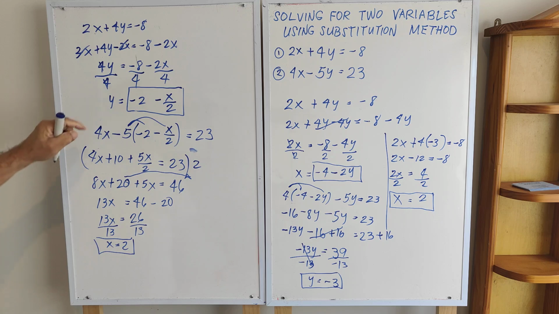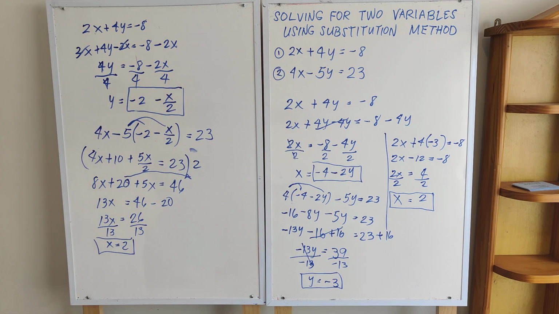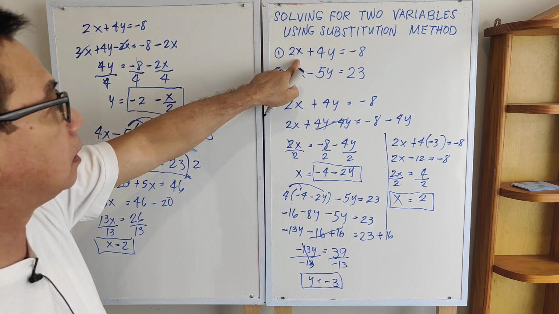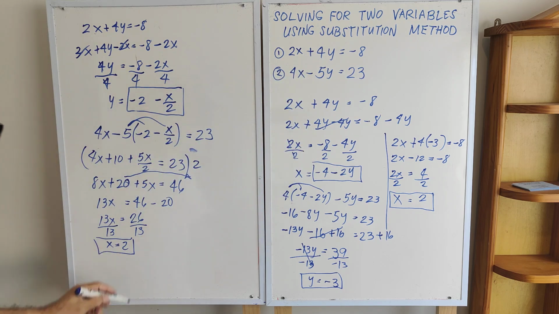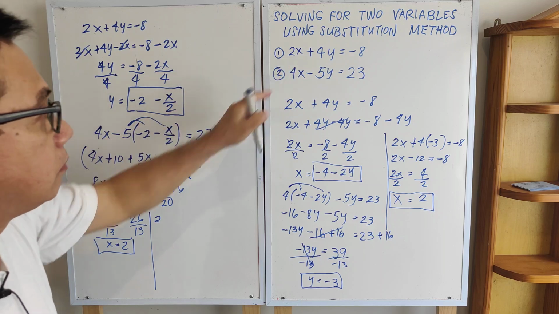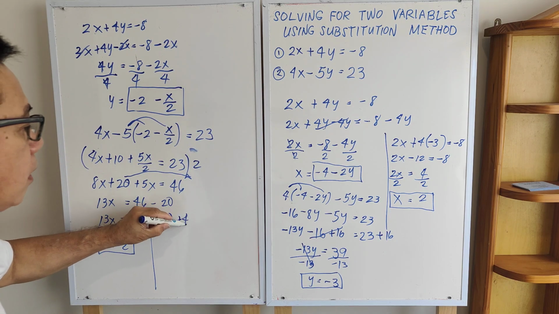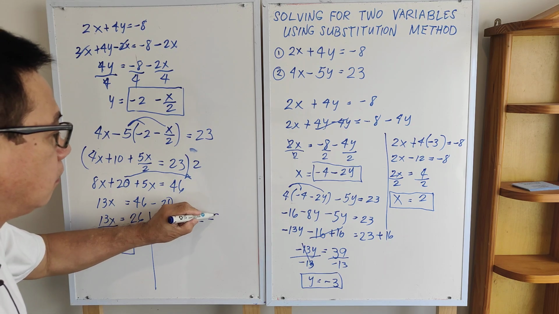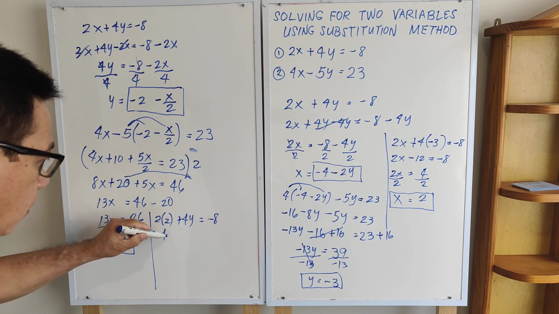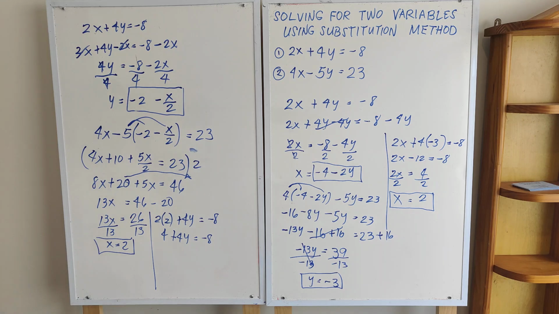We can substitute it either in here or in here to get the value of y. So let's try substituting it in here. So instead of x, we will put 2. And then plus 4y is equal to negative 8. Now 2 times 2 is 4, plus 4y is equal to negative 8.